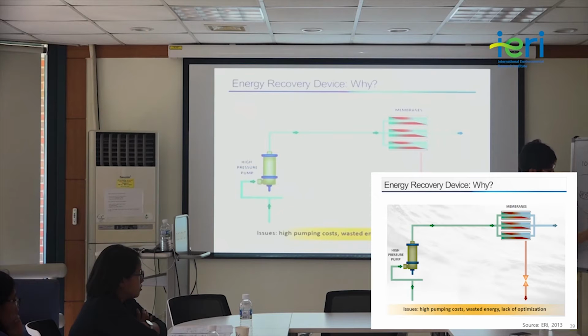And I told you that energy can be simply calculated by multiplying pressure and volume of water. In this case, although it's given by a flow rate, if you multiply by the time of operation, it's actually the energy. So this part, PQT, is the energy that we apply at the inlet of the membrane module. And here, in the brine, if we just calculate this energy, it's still significant.